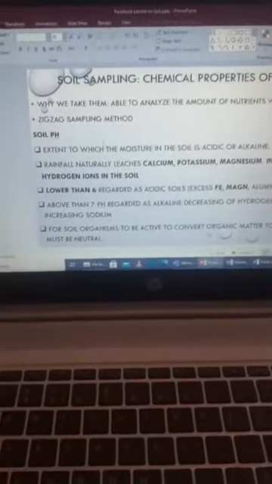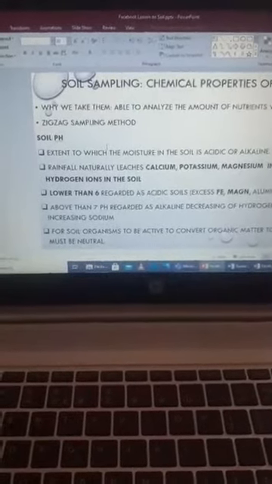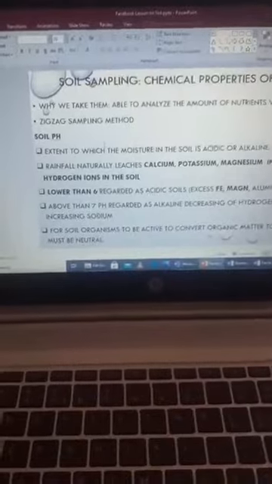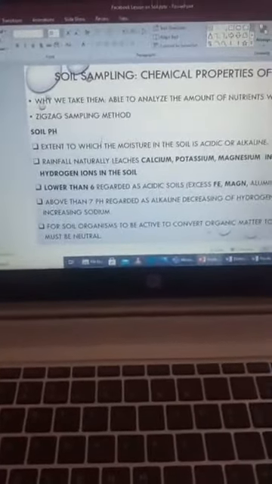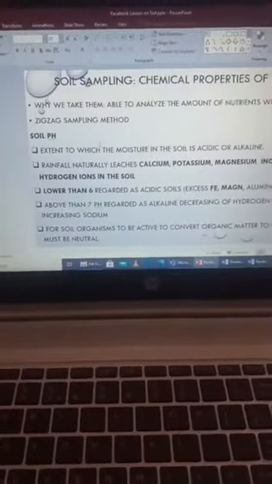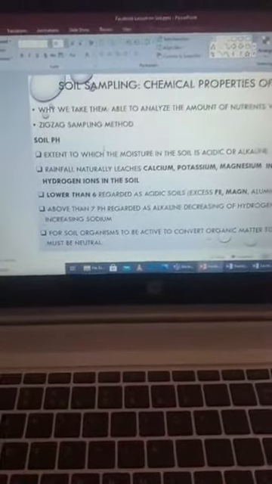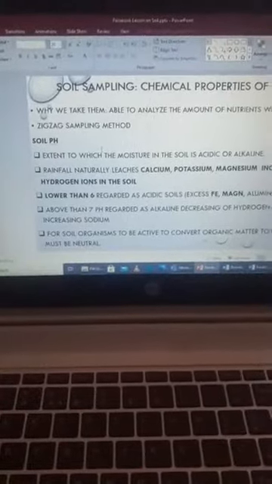Each and every crop has its own soil pH under which it must grow. So as a farmer, if we are planting potatoes, know what potatoes need and what you must do. If we are planting cabbage, does cabbage want alkaline or acidic soil?